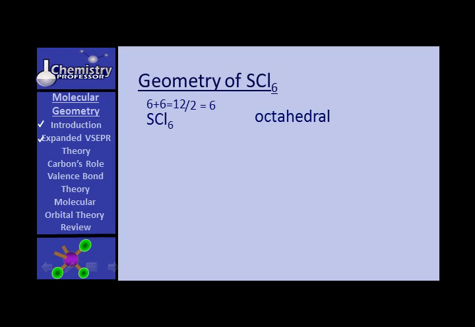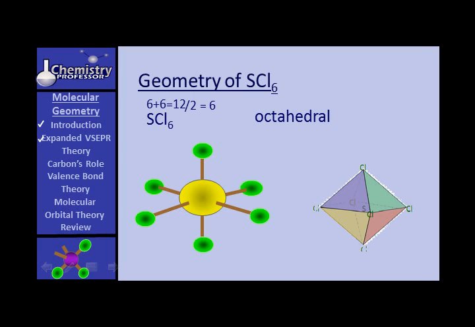All right, now what's this going to look like? Well, in our model, it's going to look something like this. You see then that the sulfur in the center is connected to each of the 6 chlorines, and the chlorines are each at the points of the octahedron. Maybe it will help you if you see it like this. Remember, all the angles are 90 or 180 degrees.